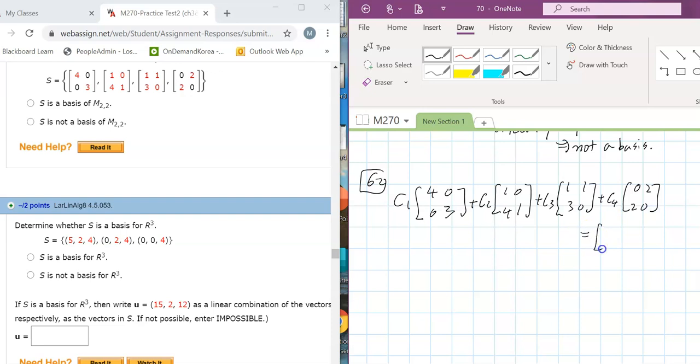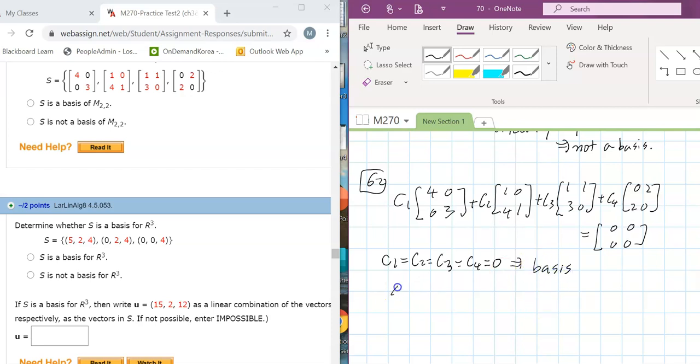Now, if this is 0000, then that means C1 equals C2 equals C3 equals C4, all zeros. Then this means what? Linearly independent, then it's going to be a basis, okay?